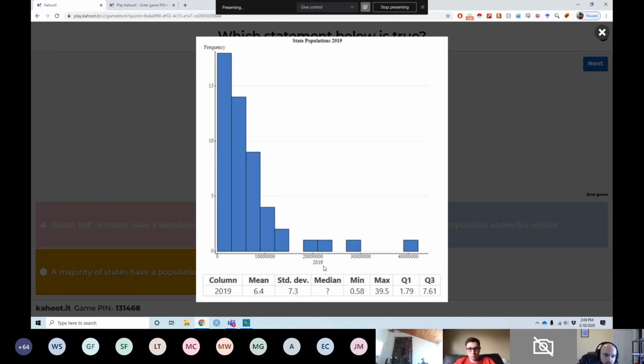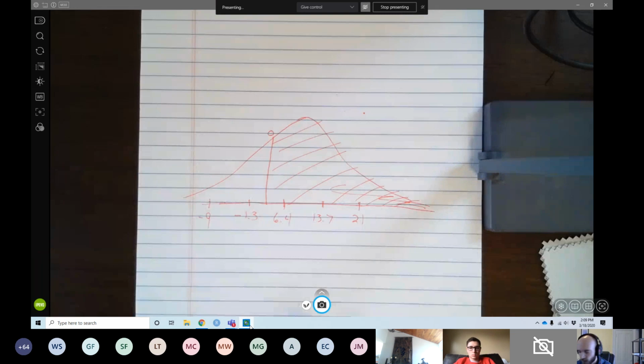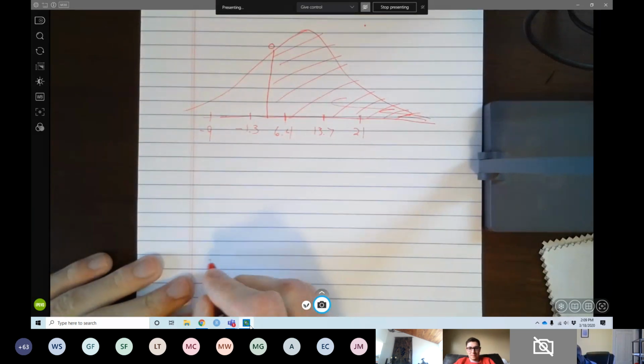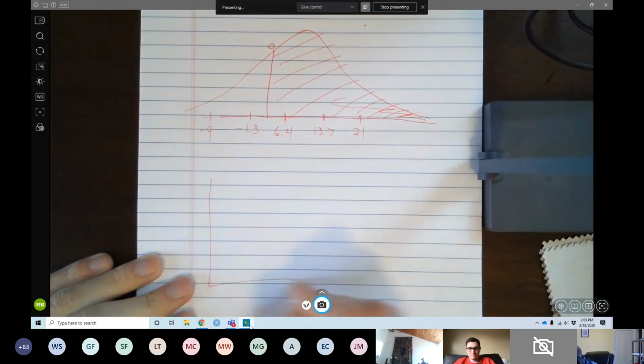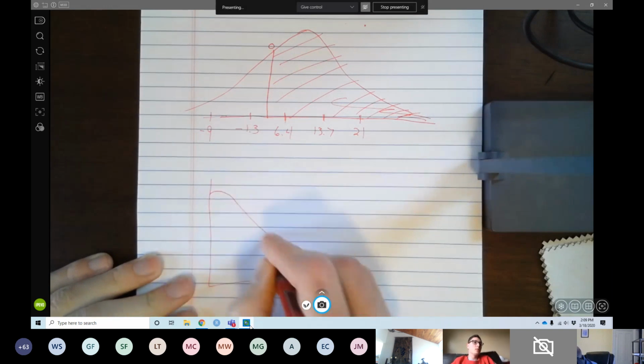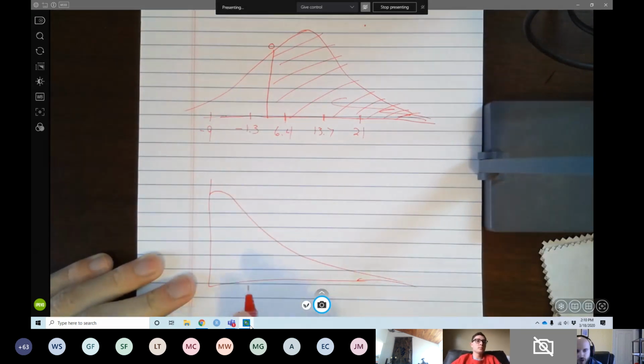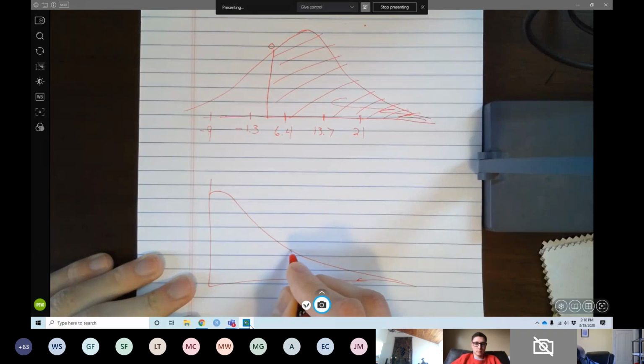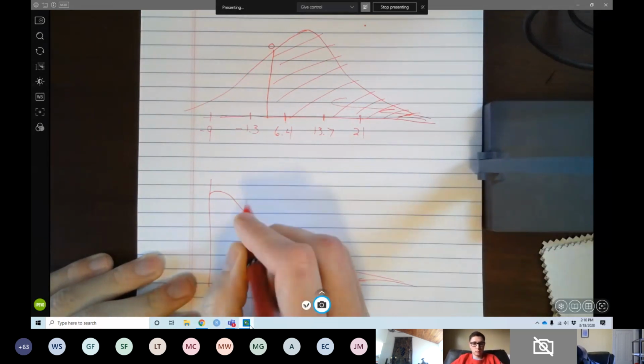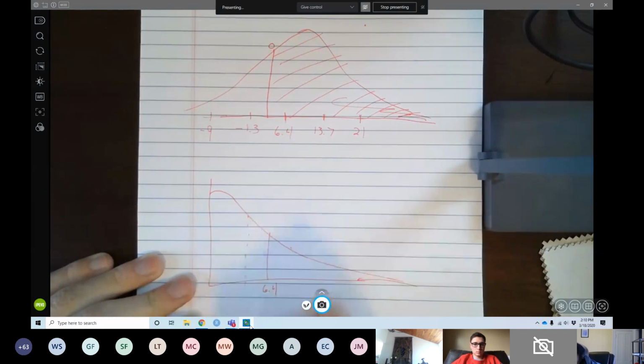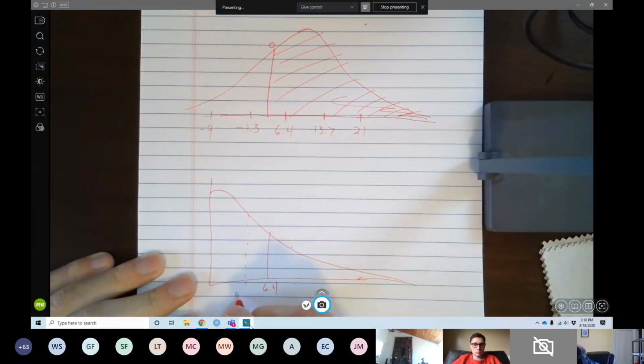So a majority of states then have a population less than 6.4 because what we have currently is our shape, which looks something like this. That's kind of the population shape. 6.4 falls somewhere here. And then our halfway mark, our median, we don't know where it is exactly, but we know since the data are right skewed, the median is going to be below the mean of 6.4.